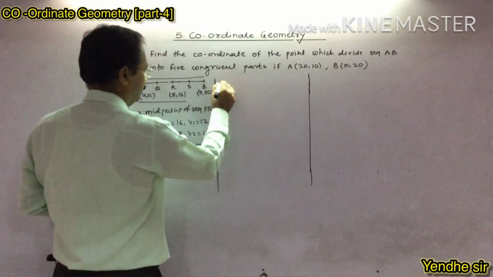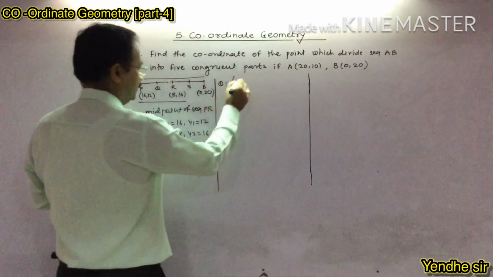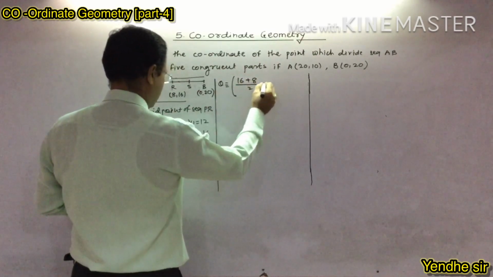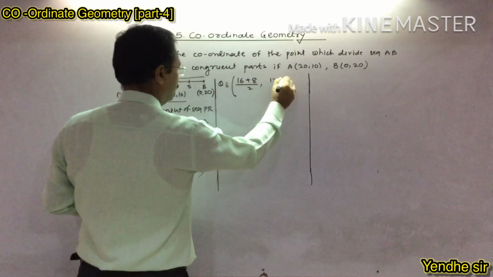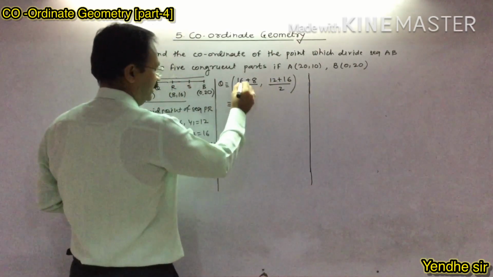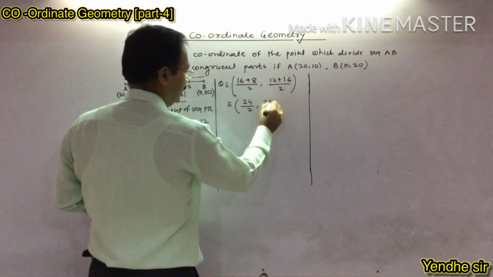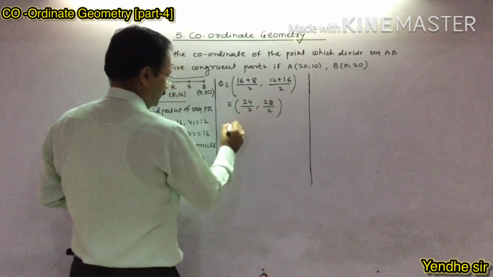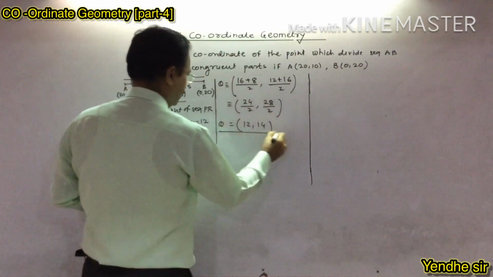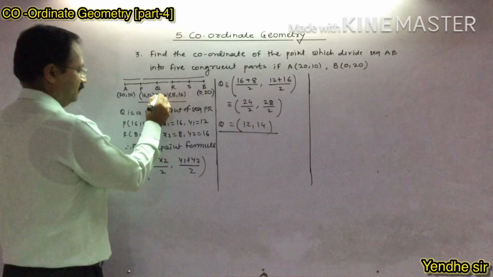Now let's substitute the values. x1 is 16 and x2 is 8 upon 2, y1 is 12 and y2 is 16 upon 2. So 16 plus 8 is 24 upon 2 and this is 28 upon 2. So it will be 12 and 14. These are the coordinates of Q, 12 and 14.